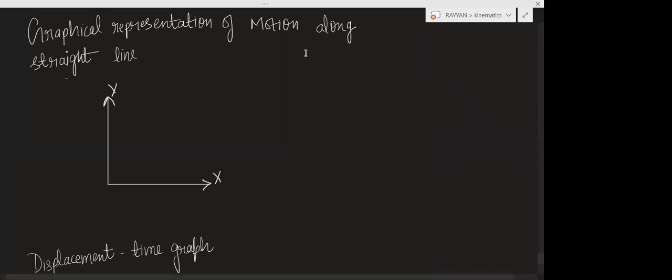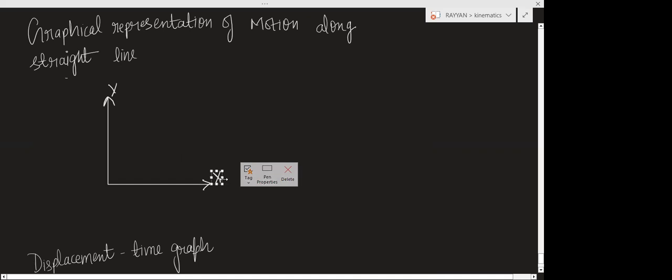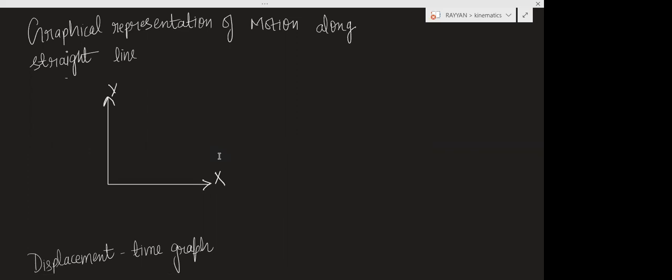So what is the meaning of the graph? The meaning of the graph is the relation between the variable on y-axis and x-axis. So these variables can be displacement time, velocity time, acceleration time, momentum time.